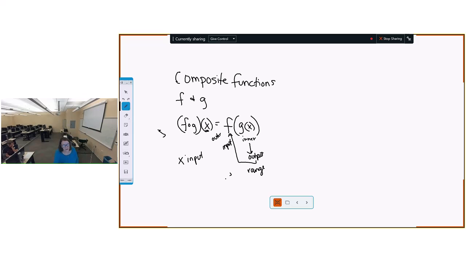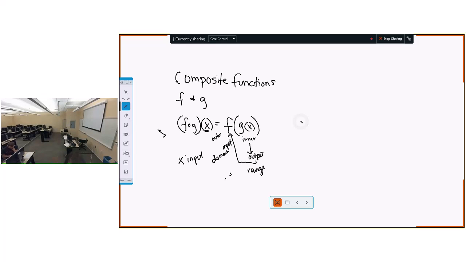So what that's saying is the range, or the output, of the function g of x has to be part of the input, or the domain, of f of x. I know this can be a little confusing, and you will get to know it better as you practice. It's not always set up this way, though.